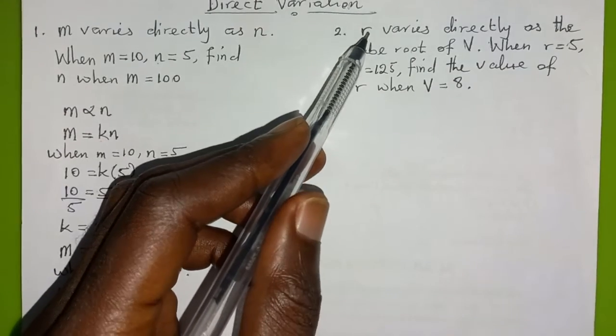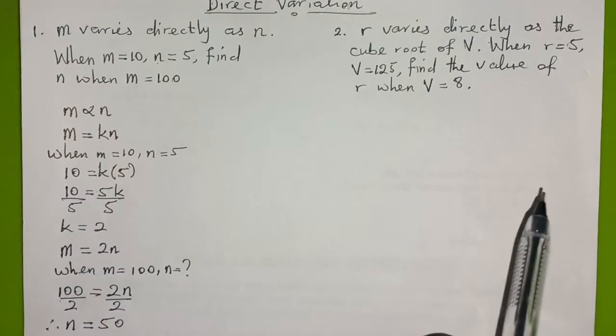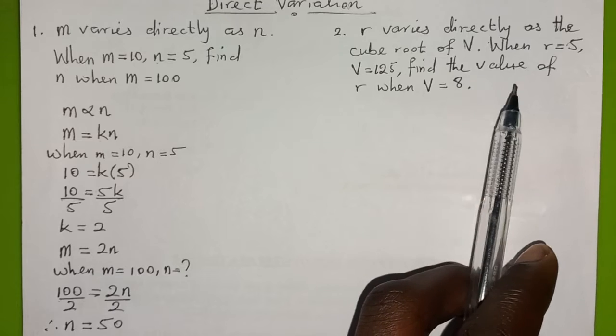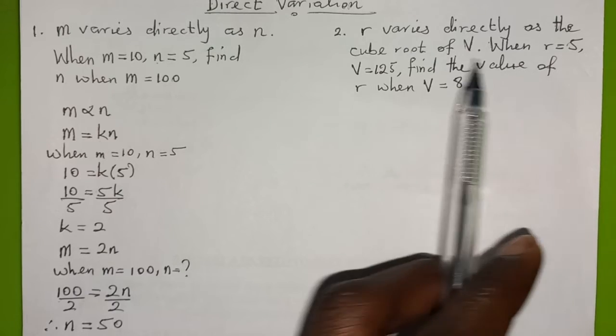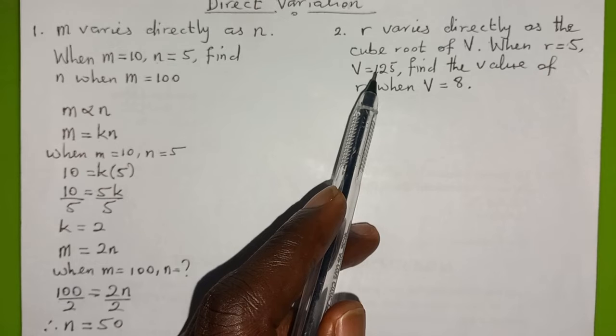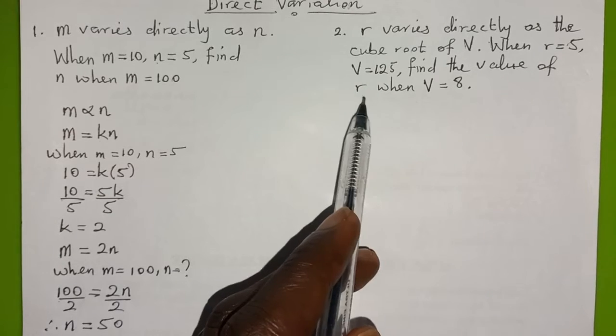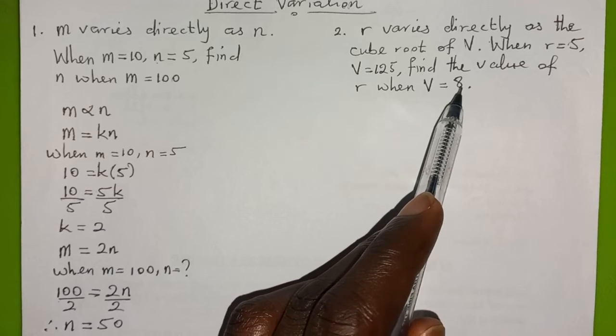In our second example, r varies directly as the cube root of v. When r is equal to 5, v is equal to 125. Find the value of r when v is equal to 8.